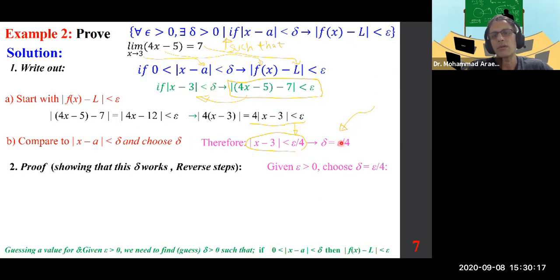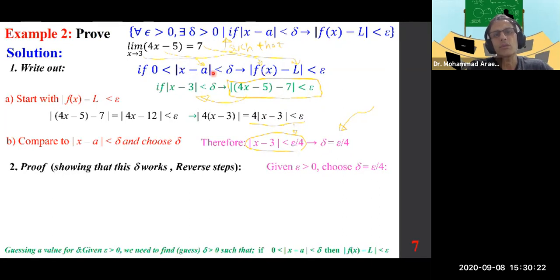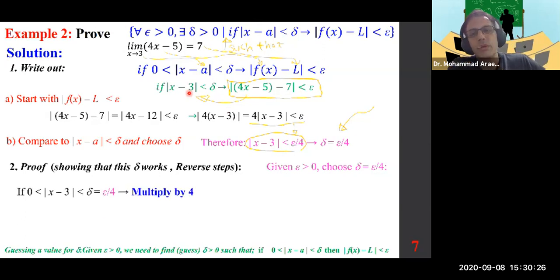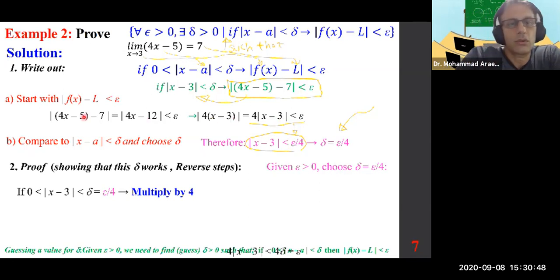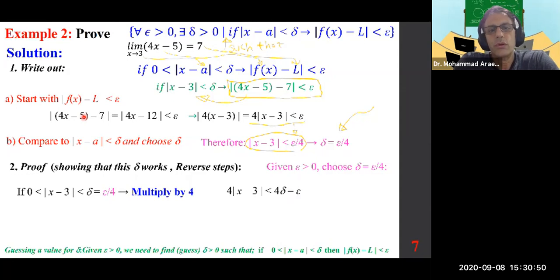We said epsilon over 4. We remember that delta is epsilon over 4. Let's multiply both sides by 4. Remember what we are going to do: we want to work our way back, so we are going to reverse the process. So you multiply both sides by 4.